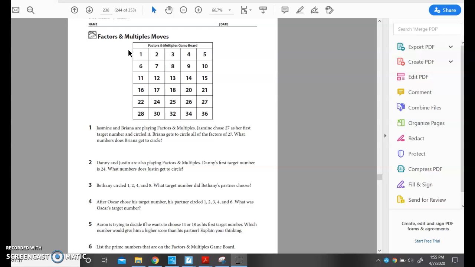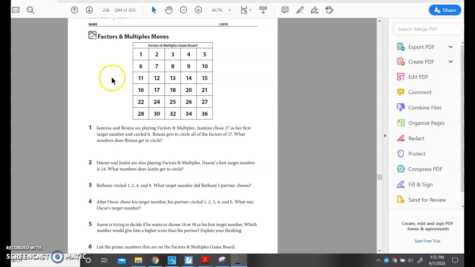So for example, if I want to find the multiples of 12, I multiply 12 times something. So for example, multiples of 12 are 12, because that's 12 times 1, 24, 12 times 2, 36, 12 times 3. Okay, so keep those things in mind. Remember, you can also Google what a factor or a multiple is, and you will find those answers as well.